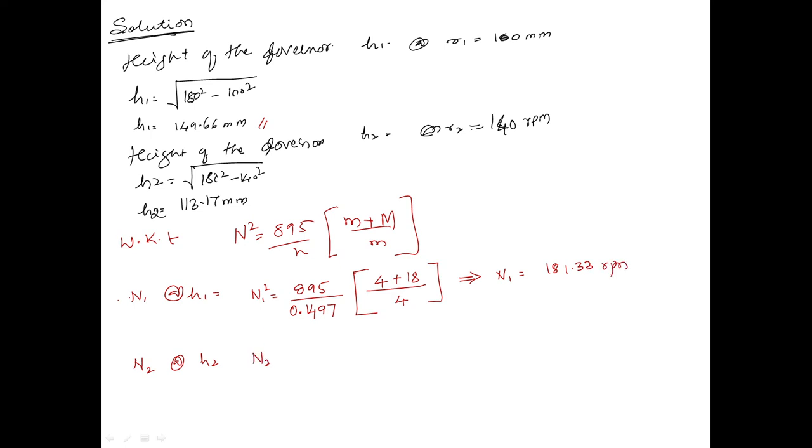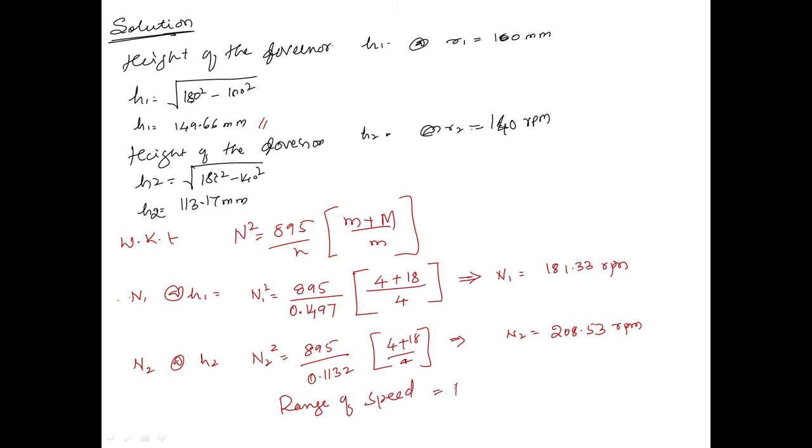Now similarly N2, 208.53 rpm. Okay. So now the range of speed is equal to N2 minus N1, 208.53 minus 181.33.